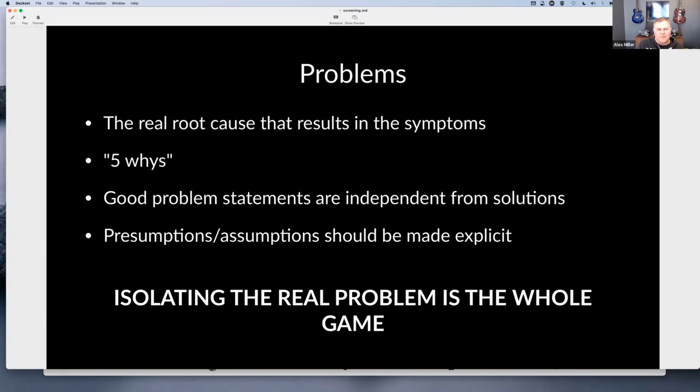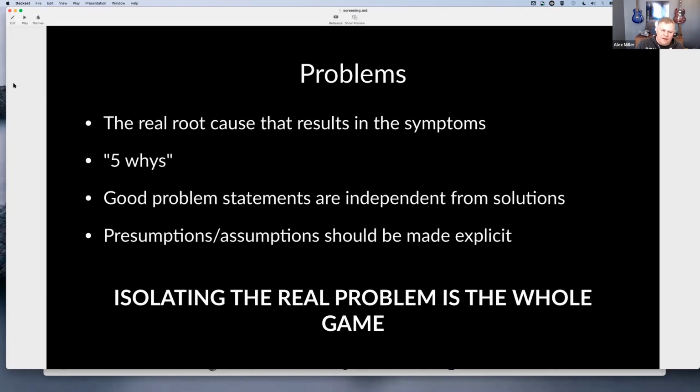So Rich and I spend a lot of time working in this area and trying to get at a really clear description of the actual problem that's independent from whatever solutions might be out there. And this is the whole ballgame.